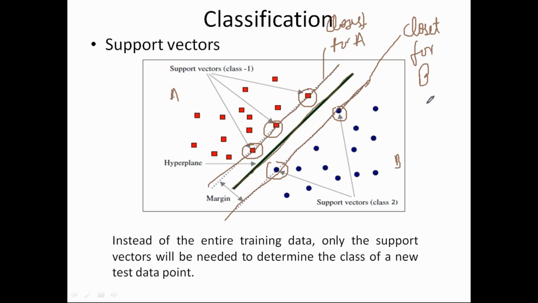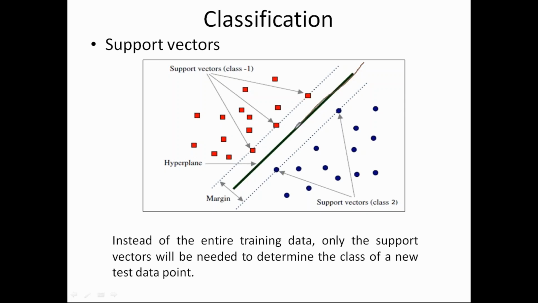Okay. And what is the benefit? This line, this plane is all hypothetical, okay? But it is calculated in the middle of both the boundaries, and from this plane you see whether the test data is on this side or this side.